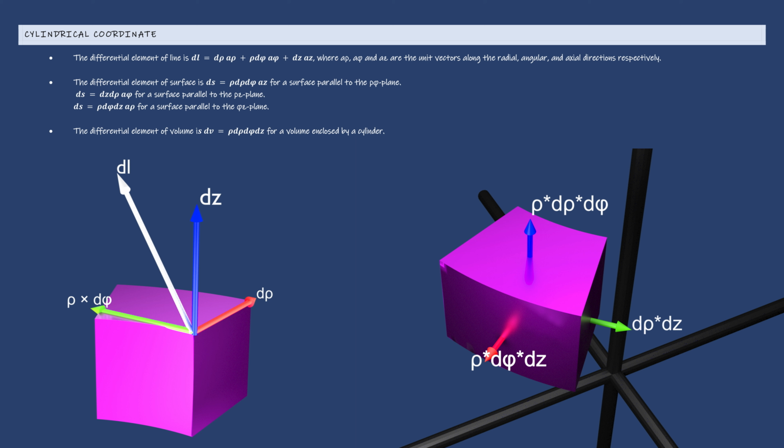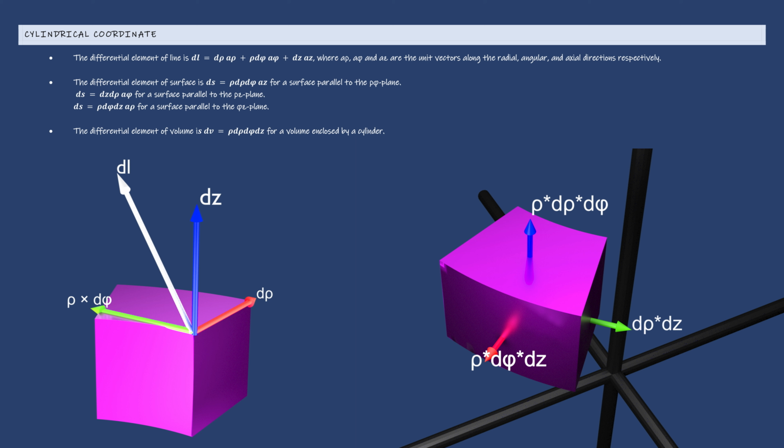The differential element of surface in cylindrical coordinates depends on which plane or cylinder the surface is parallel to. If the surface is parallel to the rho phi plane, then ds equal rho d rho d phi az.